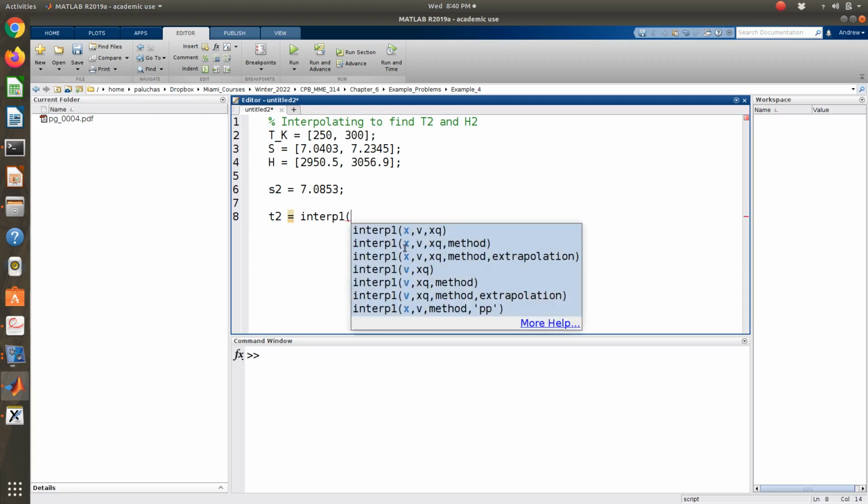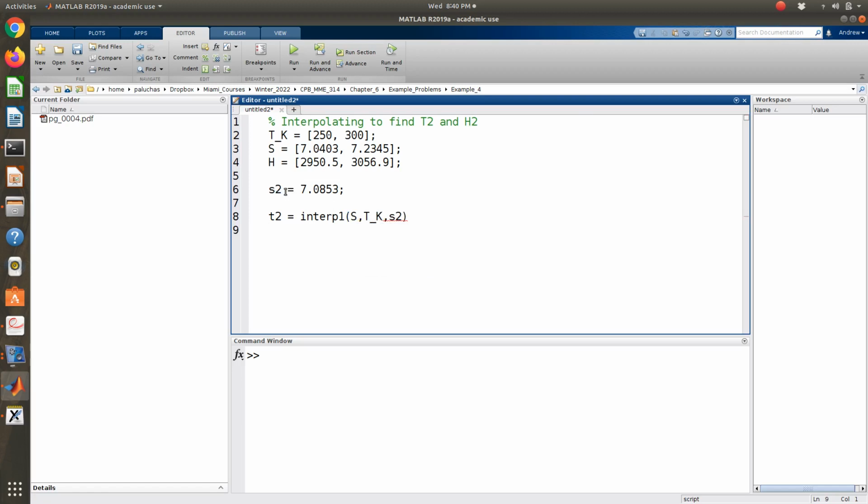My independent variable, my x variable, is s. My dependent variable, if I want to get T first, would be tk, and I want to estimate the value of tk for this known value of s2. And then if I want to get h2, it's going to be exactly the same, only I replace tk with h.